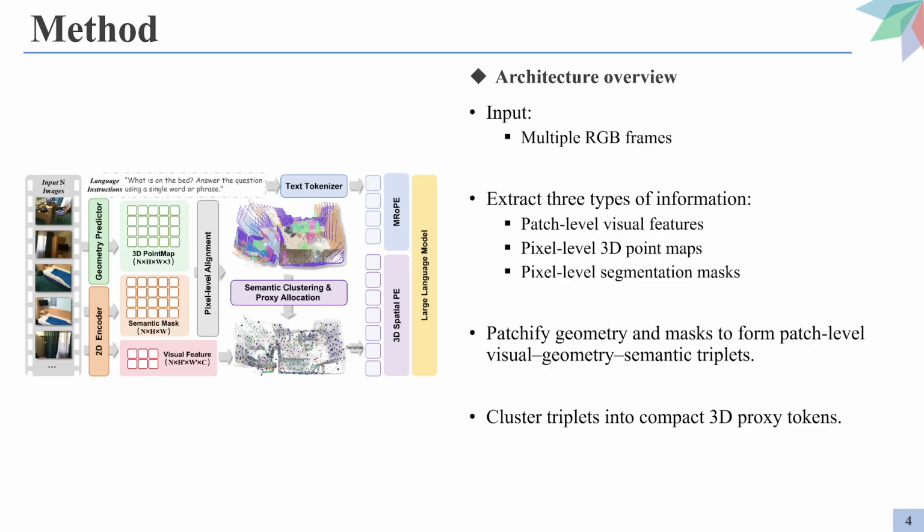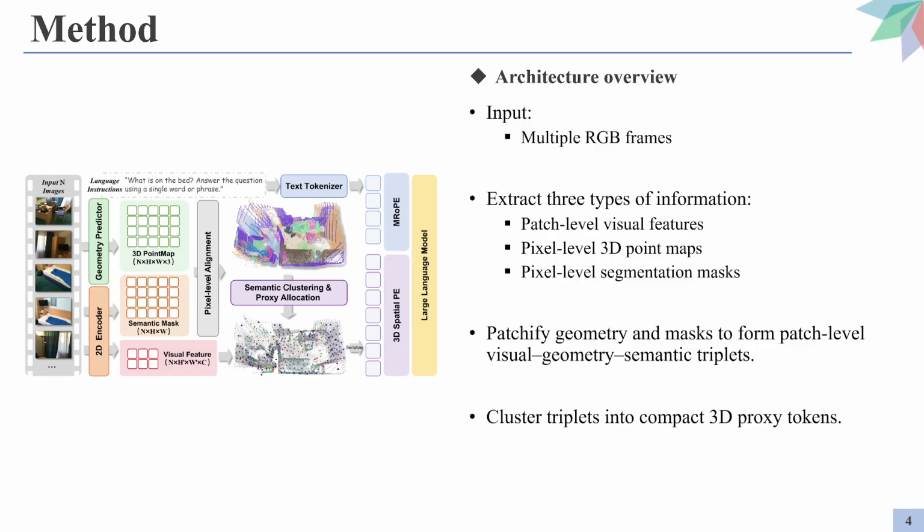This slide gives the complete Proxy 3D pipeline at a high level. The model begins with multiple RGB frames from the same scene. Then, it extracts three types of information from the images: patch-level visual features, pixel-level 3D point maps, and pixel-level segmentation maps. The dense geometry and mask outputs are then patchified so that they correspond to the visual feature grid.